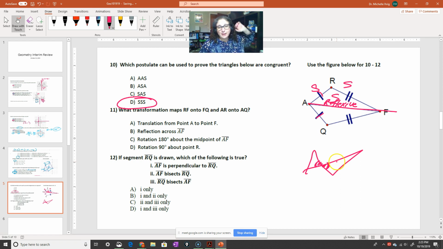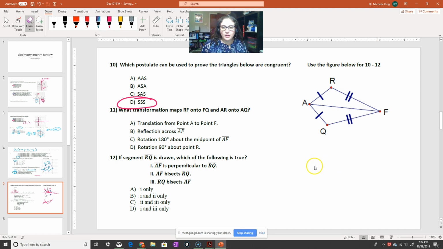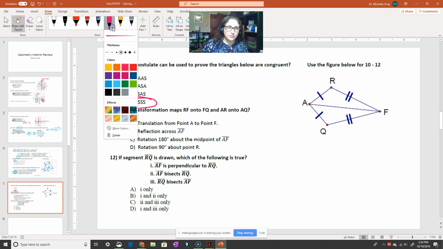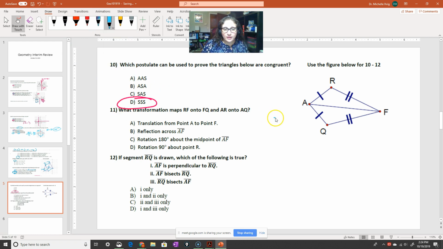What transformation maps RF onto FQ and AR onto AQ? Let's delete all my markings here and do this one again. Okay, well, RF, this one, goes to FQ, AR goes to here. How did I do?